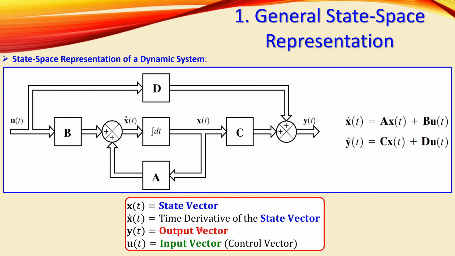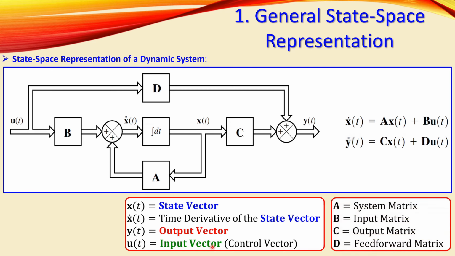We also have the output vector, which is y, and the u, which is called the control vector, but can also be just a unit input vector. And we have the matrices A, B, C, D. A is the system matrix. B is the input matrix, going directly from the input to the summation point. C is called the output matrix, and D is the feedforward or direct transfer matrix.